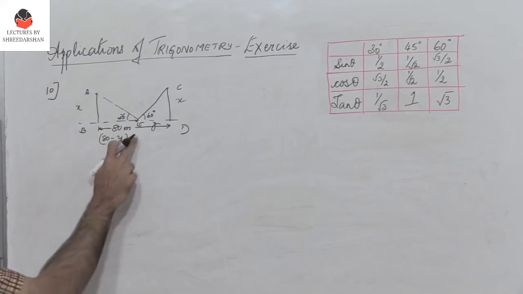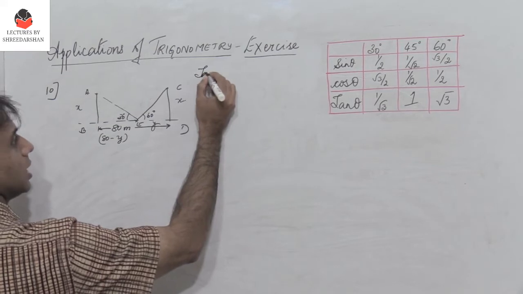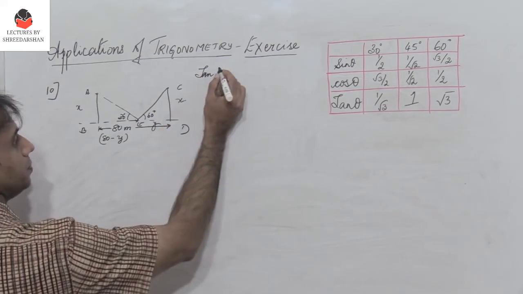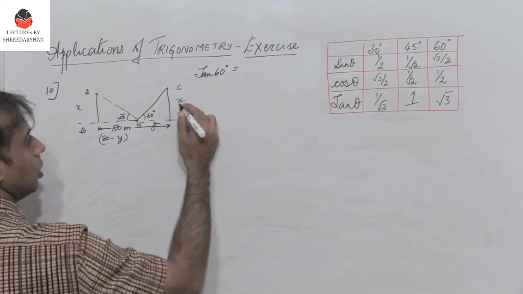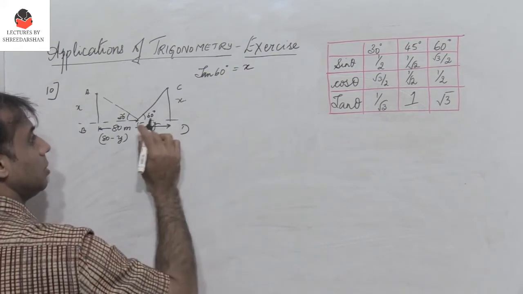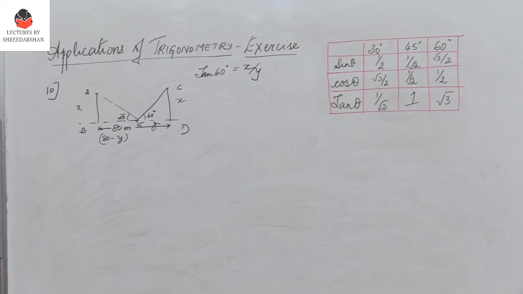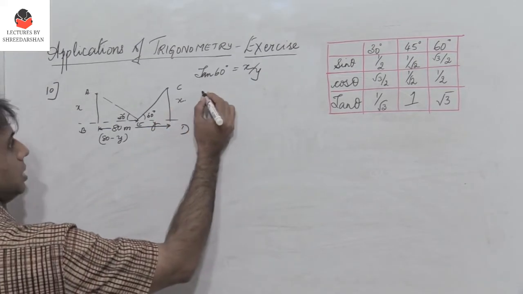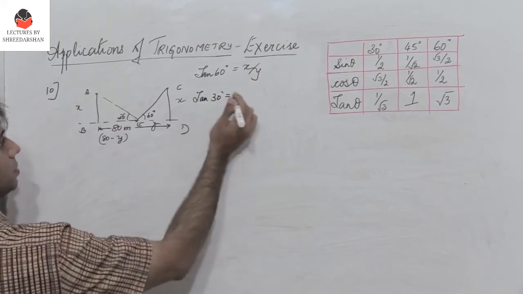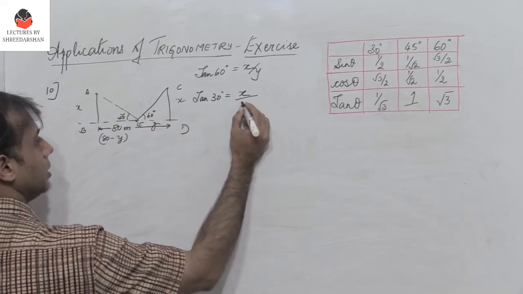So here you have DE equal to y. Now let me apply tan. Let me consider the right angle triangle CDE. Tan 60 is the opposite side, which is CD, which is x, divided by the adjacent side ED, which is y. Whereas tan 30 is x divided by BE, which is 80 minus y.